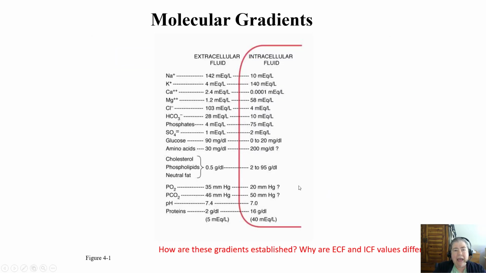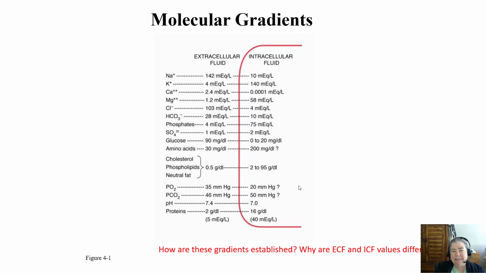Now, I try not to ask you to memorize a whole lot, and specifically, I'm not going to have you memorize many formulas, even though they can be very important in the study of physiology. But this is medical physiology, and there are some things that you need to know and to remember.